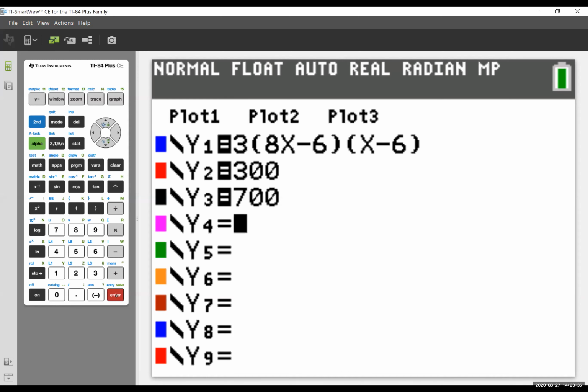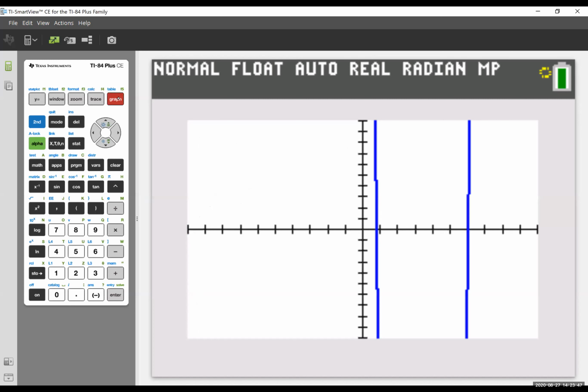Now you could press graph, but I would like to give you a heads up. When you say y equals 300 and y equals 700, if your window is in standard viewing form, you're not going to see the entirety of all three functions that you graphed.